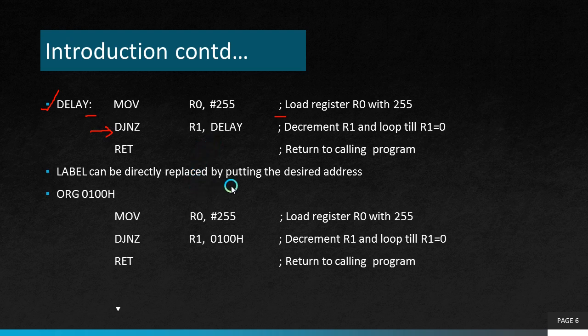Label can be replaced by putting the desired address, that is, instead of the term delay, we can use the corresponding address. It is more advantageous to use labels instead of the address because in case of using labels, even if you insert any instruction before the label at a later stage, it won't create any problem like code overlap since the required address is calculated accordingly.